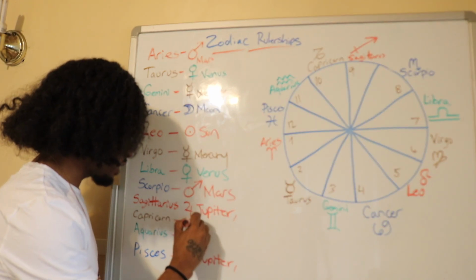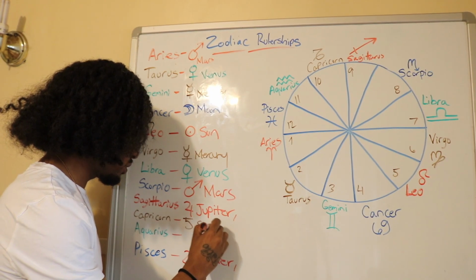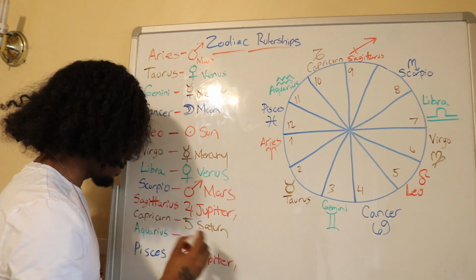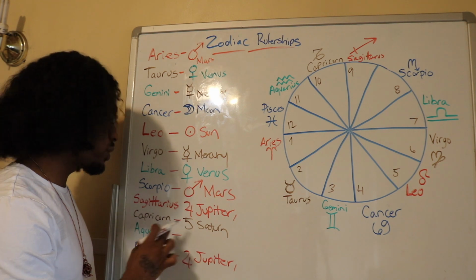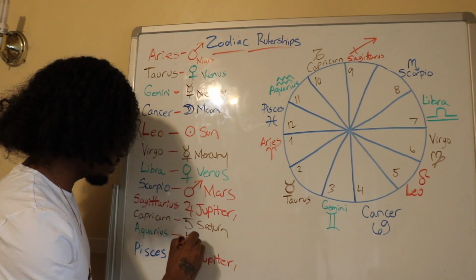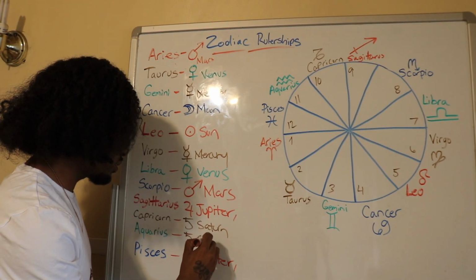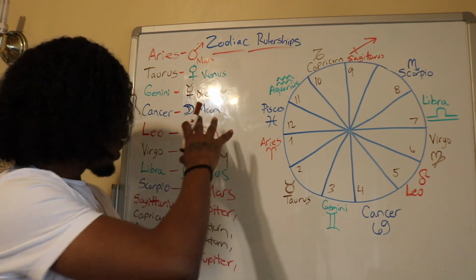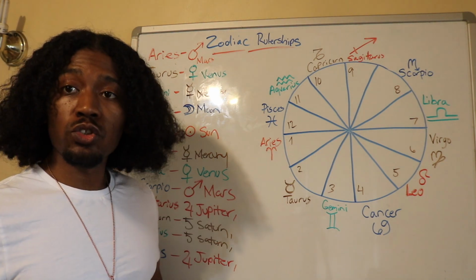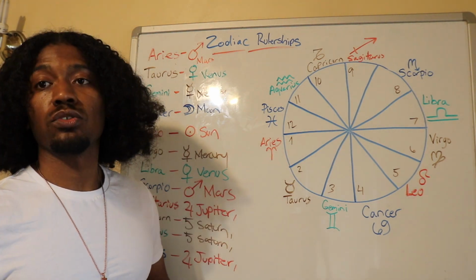That's the glyph of Saturn. And then the daytime or diurnal sign that Saturn rules over would be Aquarius. So that's the glyph again. These were the seven traditional planets that the ancients used.